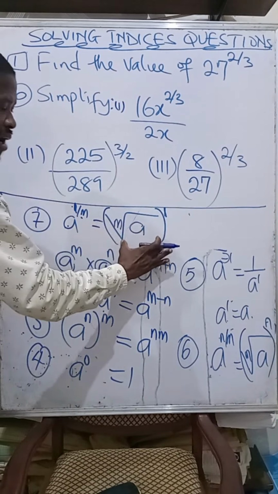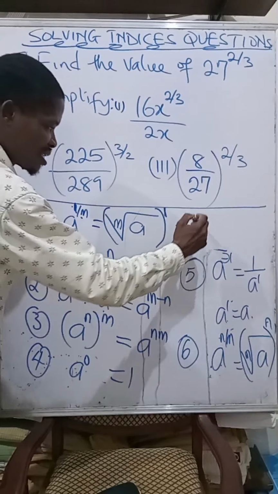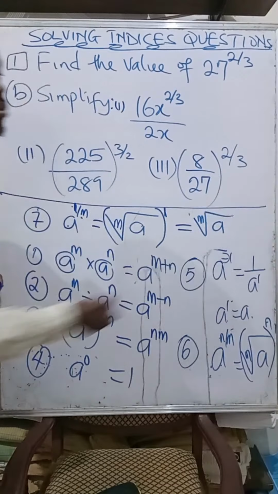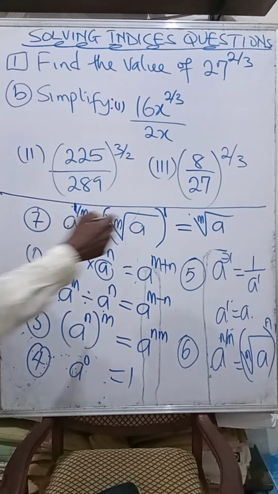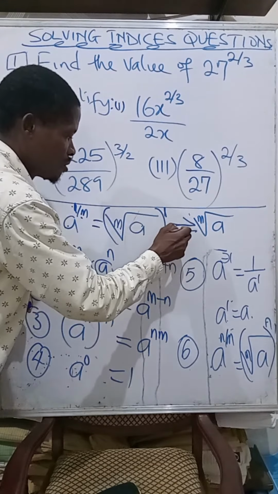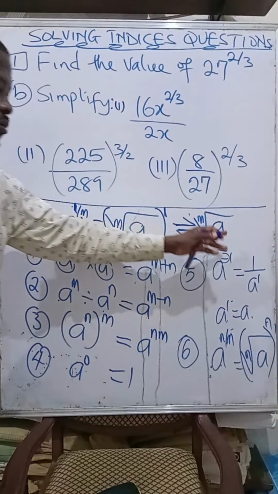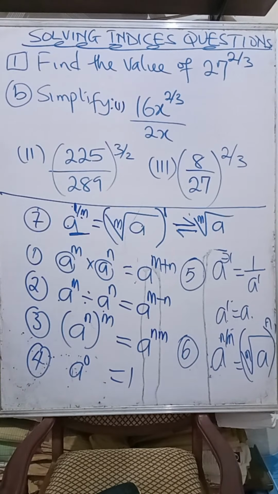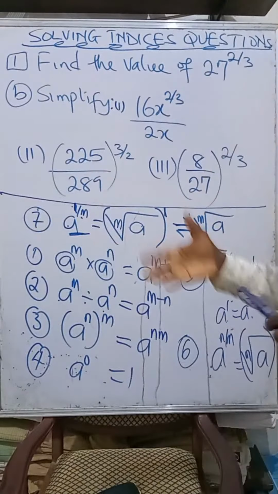And anything to power 1 is that number. So the 1 will not be there again. And it's reversible. If you have something like this, it's going to give you back this one. So that's that on the laws of exponents.